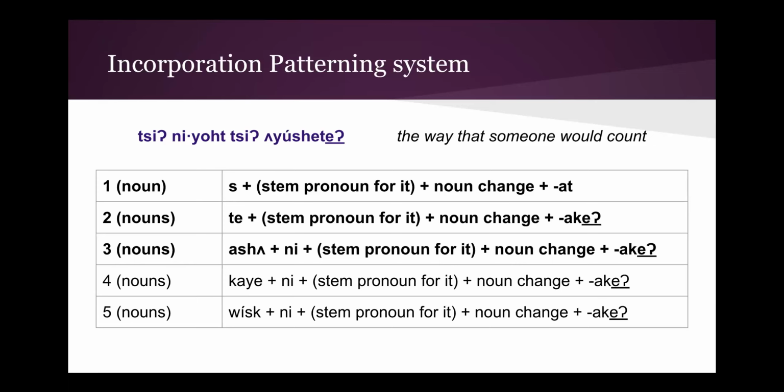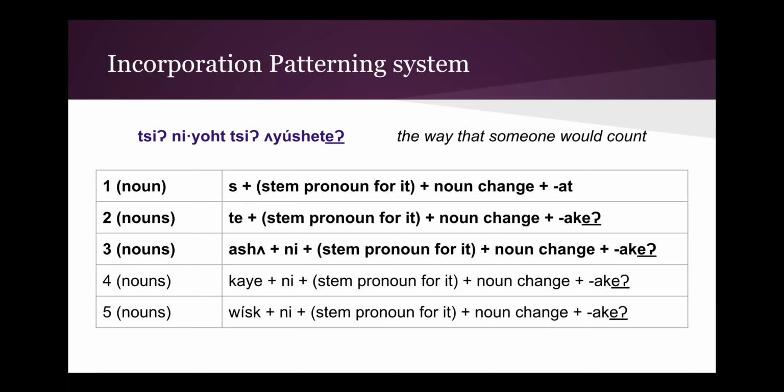But we also have a way to count things and objects. And this is what we're talking about here, the incorporated counting. So this shows us how to do that. We're going to use noun incorporation again to count 1 thing, 2 things, 3 things, or more.